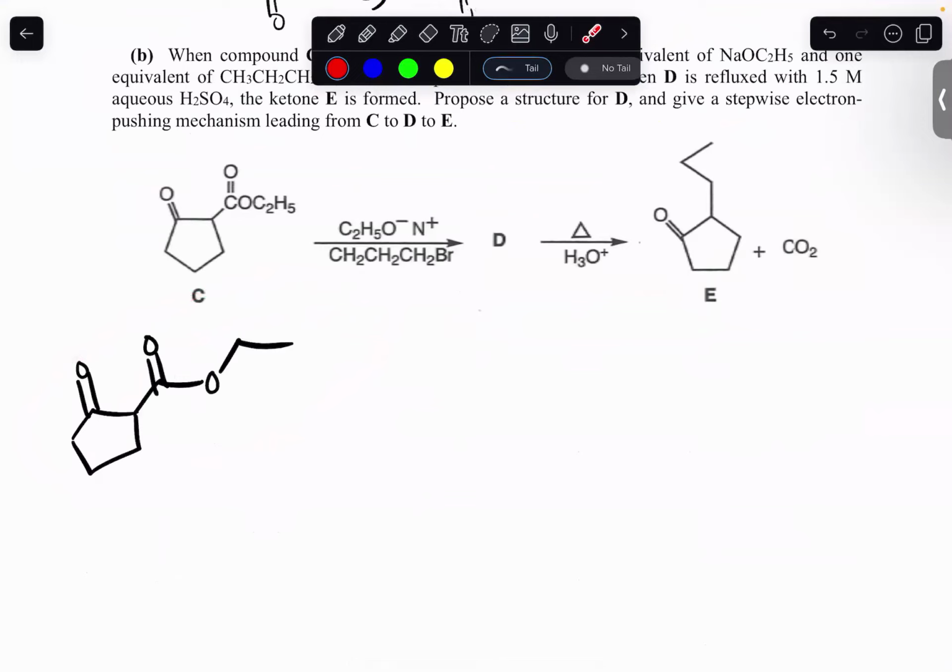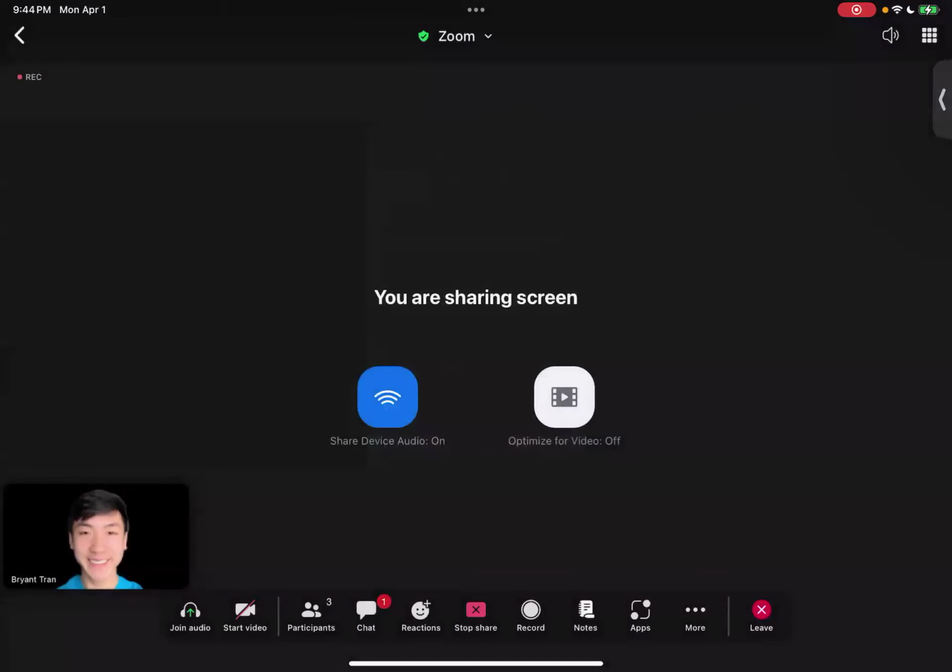This probably came from... I don't really know what to call it. Is there a way I can draw as well? Yeah, let me put it on the whiteboard for you. You should see an annotation tool on Zoom.